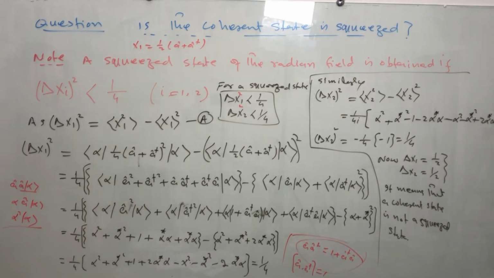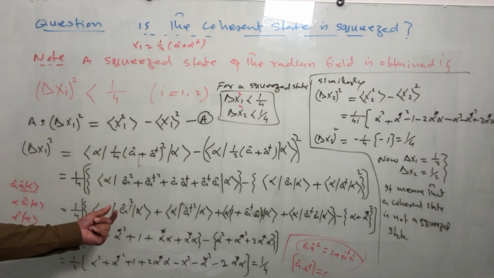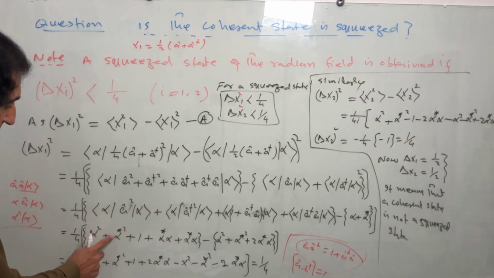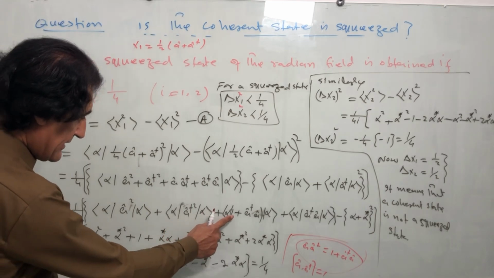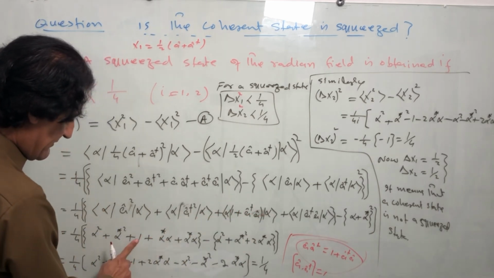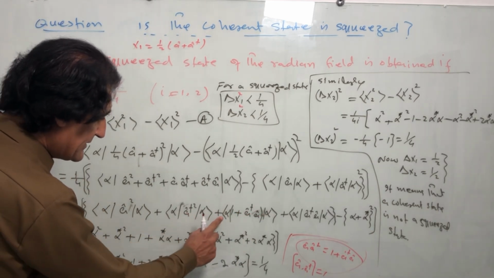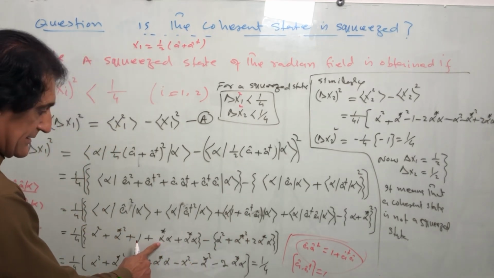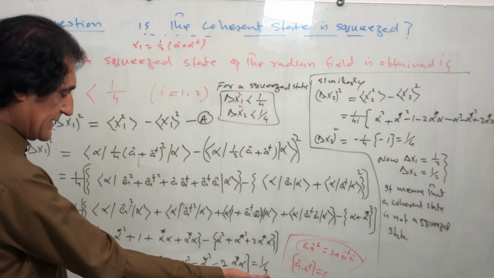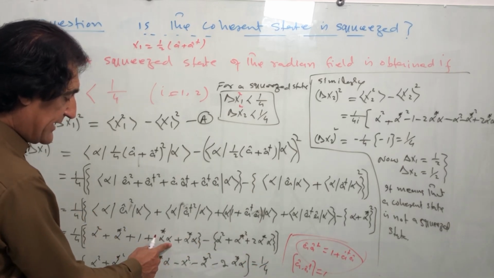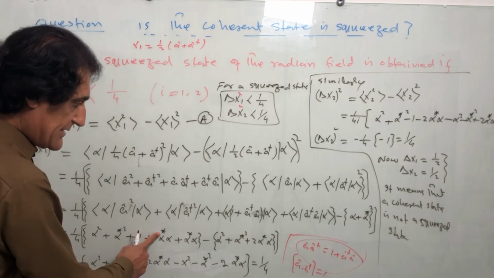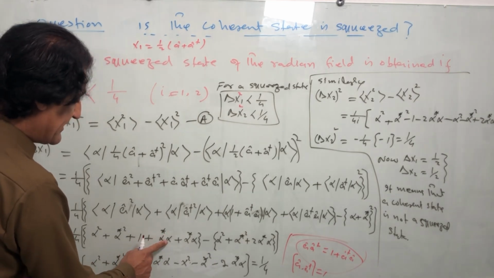The alpha state is normalized, so it gives 1, and from here we get alpha star squared. For a a dagger we get 1 plus alpha star alpha. Applying the annihilation operator we get alpha, and applying a dagger we get alpha star, so we get alpha star alpha.